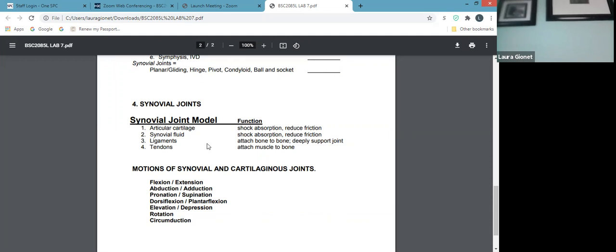So we're going to look at those same two structures in addition to the ligaments and the tendons we would find there. So on one side of the model, it's going to show you this green material. I think it's green. It's not highlighted red. That attaches bone to bone. Those are deep. They're called ligaments, and it's composed of fibrous connective tissue.